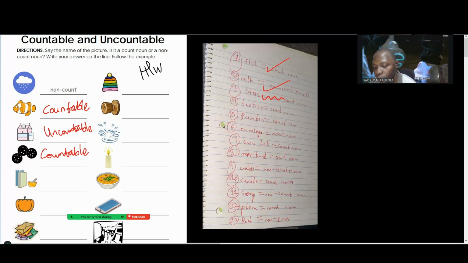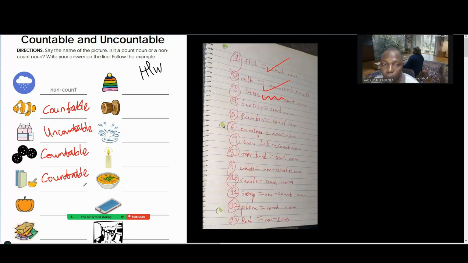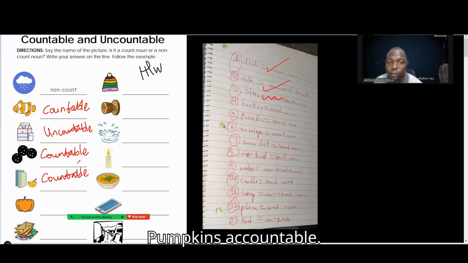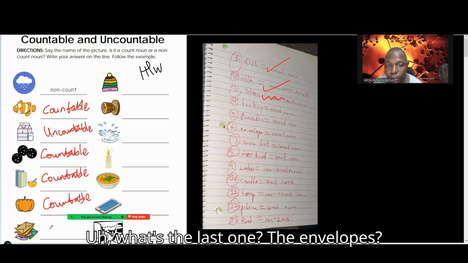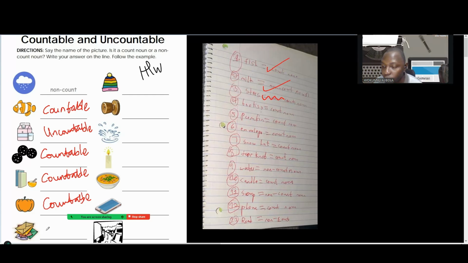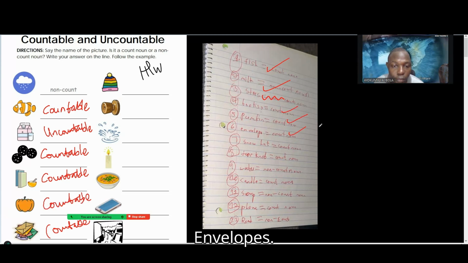Let's see. So we say countable. So pumpkins are countable. What's the last one? The envelopes. You can count them. Countable. So we can say books, books, envelopes.